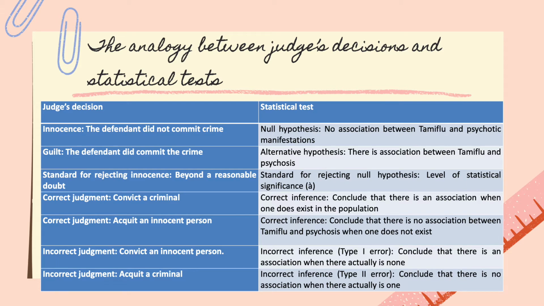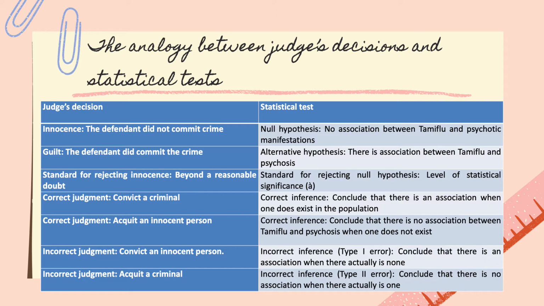If the judge's decision is guilty, the defendant did commit the crime. That, on the other hand, is the alternative hypothesis, where there is an association between Tamiflu and psychosis. The standard for rejecting innocence beyond a reasonable doubt is just like the standard for rejecting the null hypothesis with a level of statistical significance.